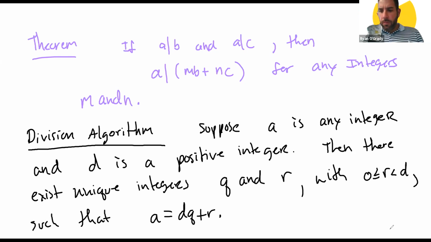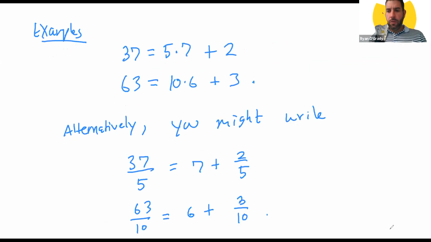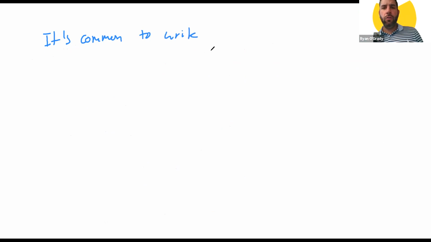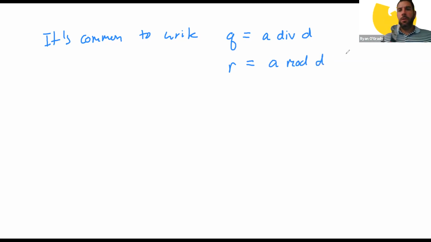So there's some notation that people like to use. It's common to write Q, that's our quotient, as A divided by the divisor D. And then we might also write R equals A mod D, M-O-D. Now again, we're telling you this is a common notation.